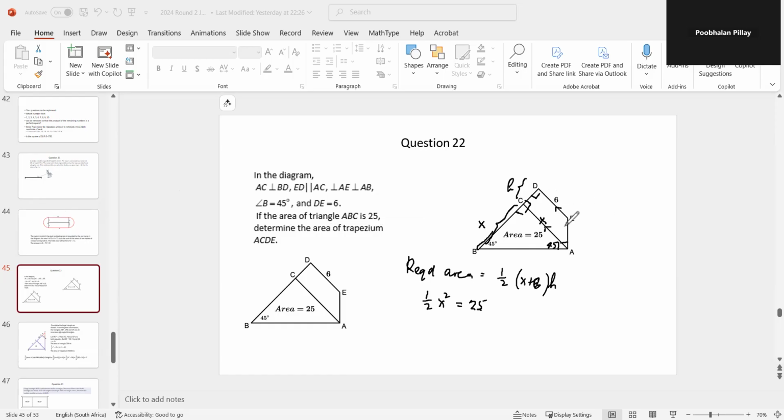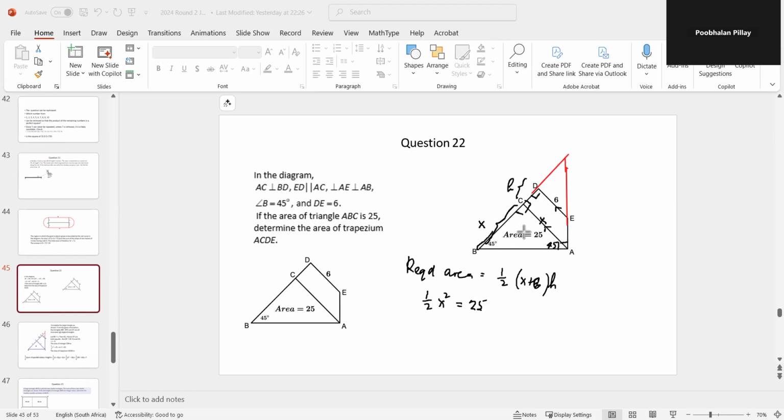If I extend this line here, AE, and extend BD, okay, now you have a large right angle triangle, you see?